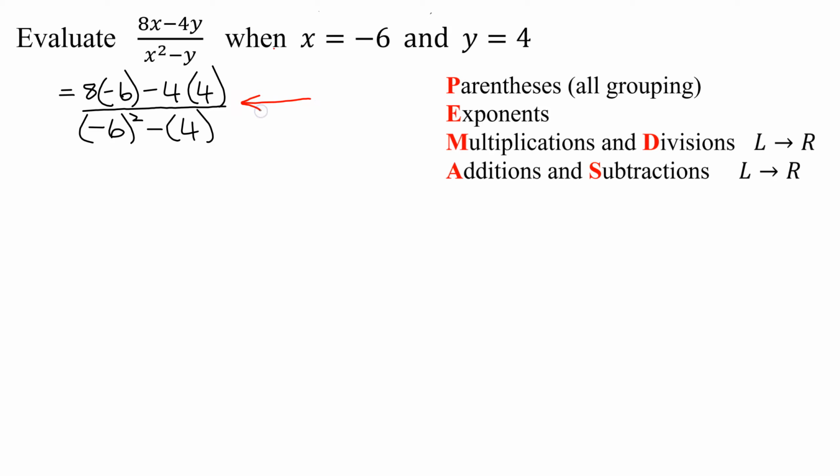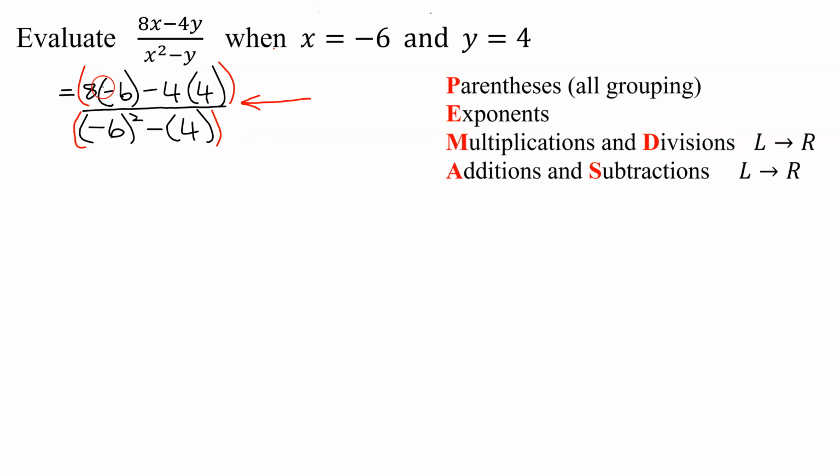The division bar is a grouping symbol, and it says I have implied parentheses all around the numerator and all around the denominator. So I need to work on the numerator, I need to work on the denominator, and when those are both simplified, then I can finally do my division.